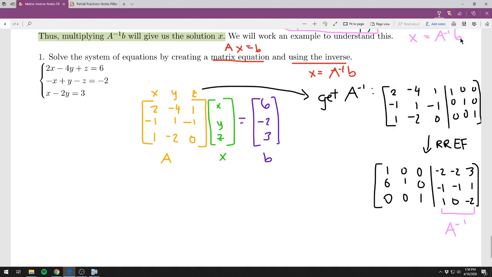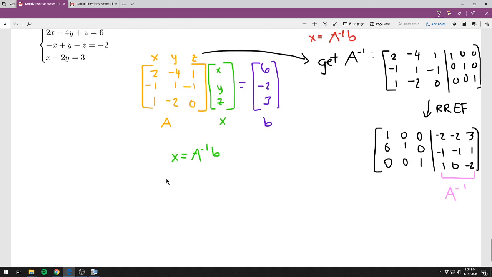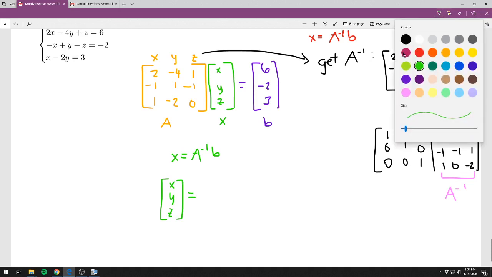Right, and what the formula up here says is X equals A inverse times B. Okay, so I'm plugging in what X is because when you multiply A inverse times B, the order of your result matters as far as what x, y, and z are.